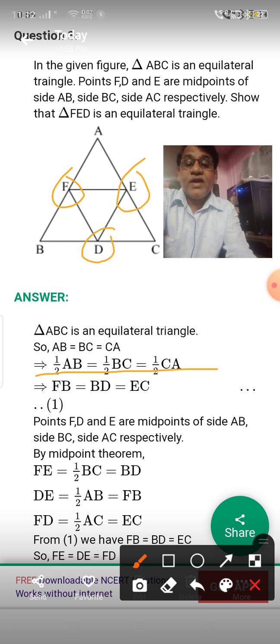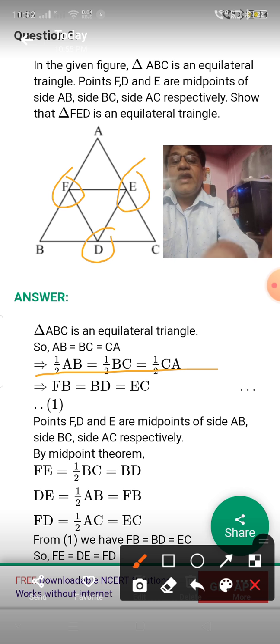So half of AB is equal to ED, half of BC is equal to EF, and half of AC is equal to FD. So you can say that FB is equal to BD is equal to EC, right? First, AF is equal to FB, BD is equal to DC and AE is equal to EC.